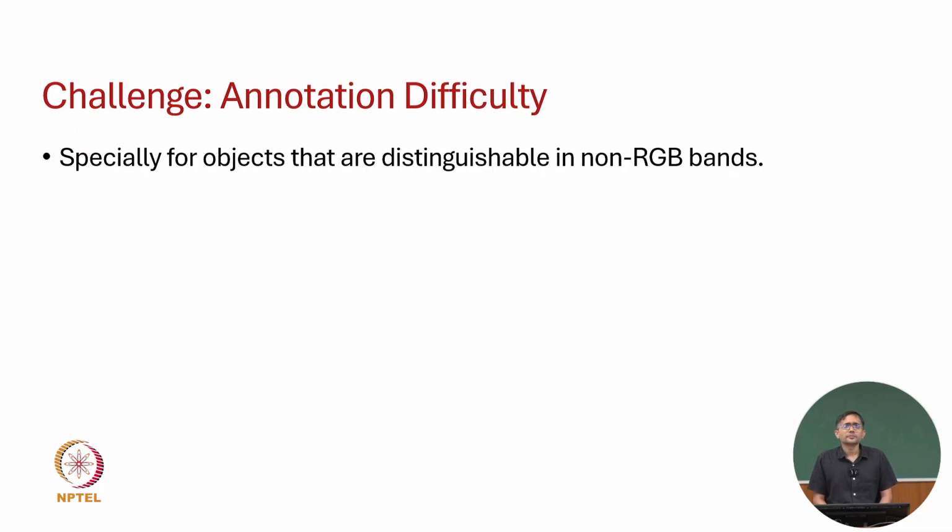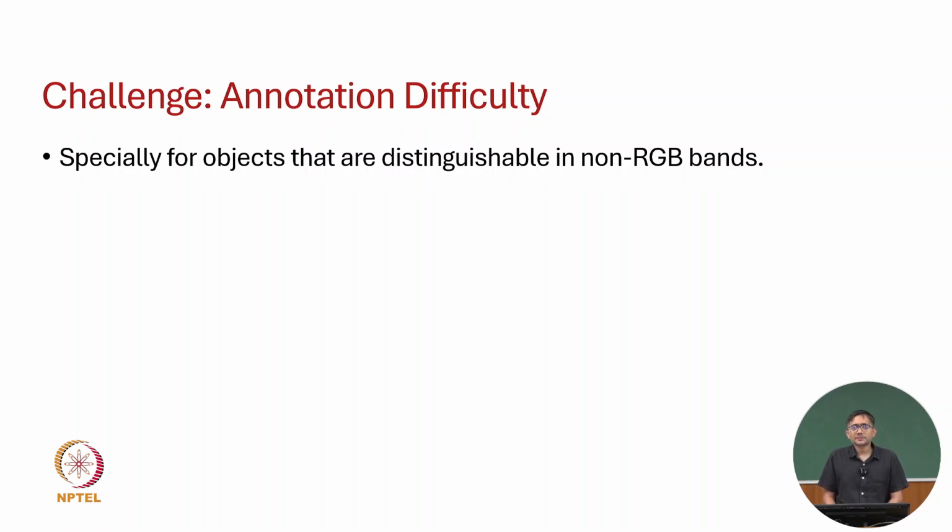But what's happening is that this particular class the person needs to annotate is not well distinguishable in the RGB. So the person now needs to probe the other bands, make some false color image and visualize the other bands, understand those aspects, and only then can the person go ahead and annotate.